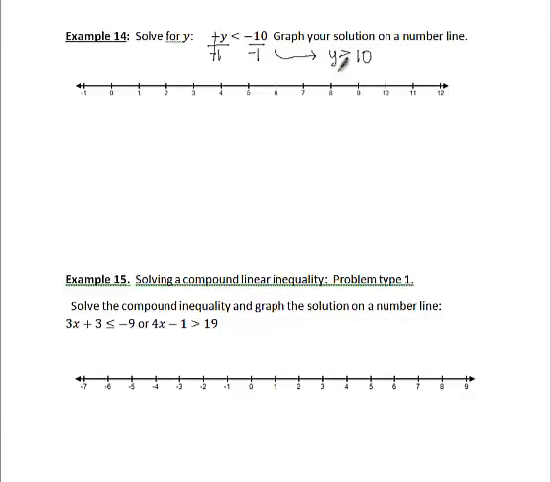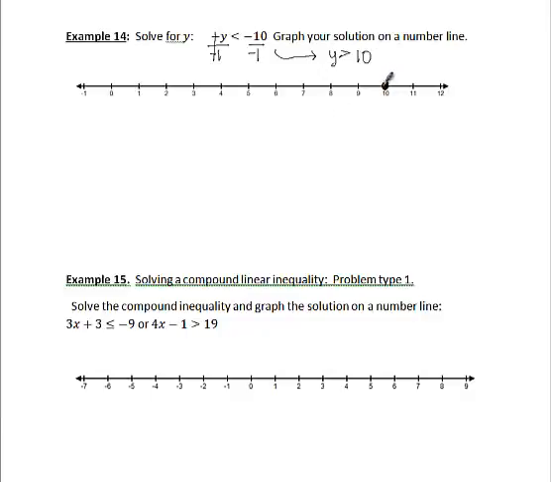So we want to graph. The original inequality suggested that we shade to the left because y less than, but that's ignoring this negative in front of the y. And so when we straighten it up, get rid of the negative, we have y greater than 10, so we shade to the right.